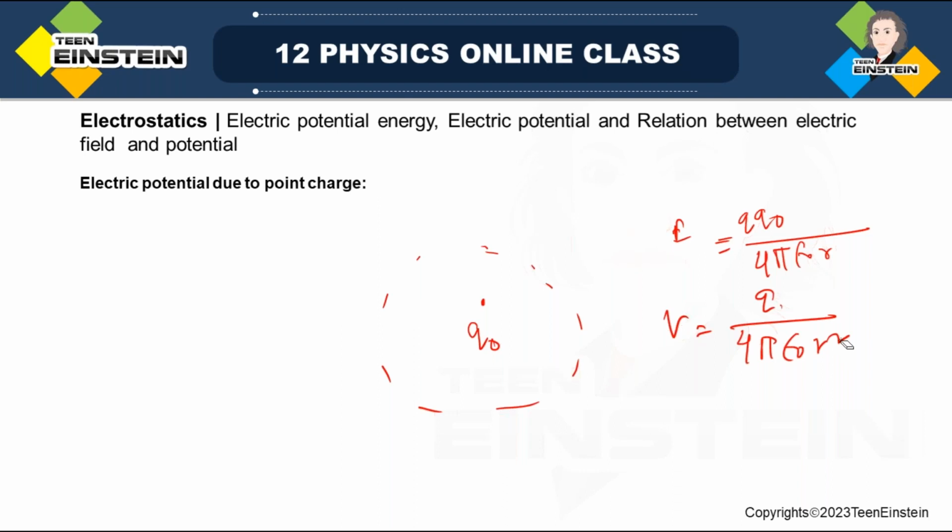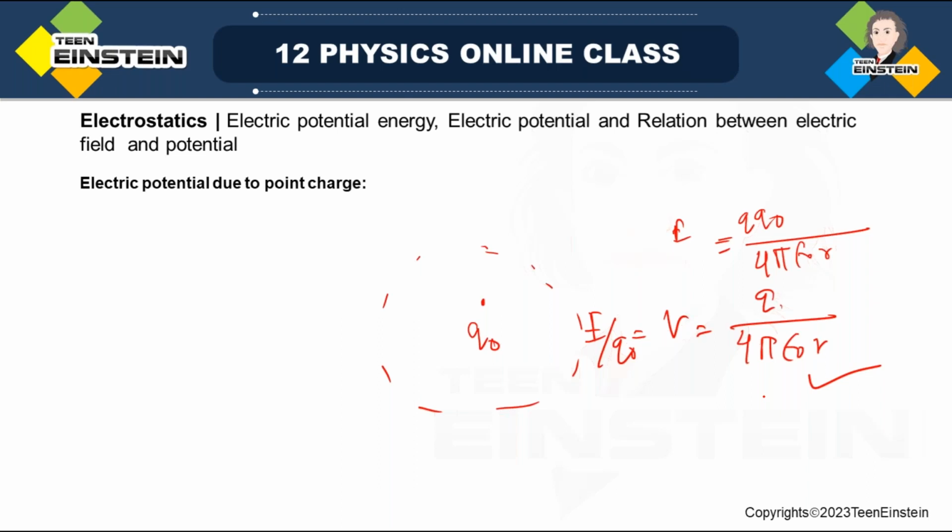Sorry, this is Q by 4 pi epsilon naught R. So due to a point charge, you have to calculate this. Okay, so this is a point charge.